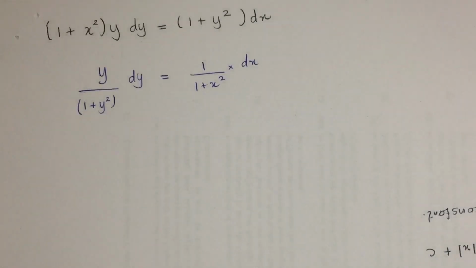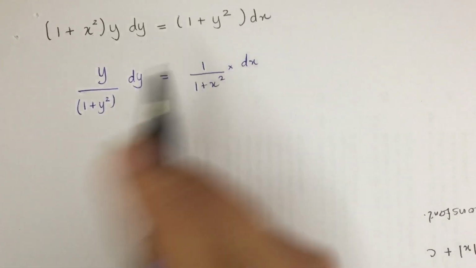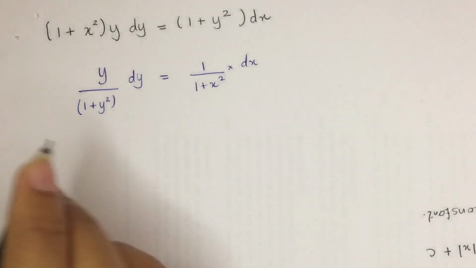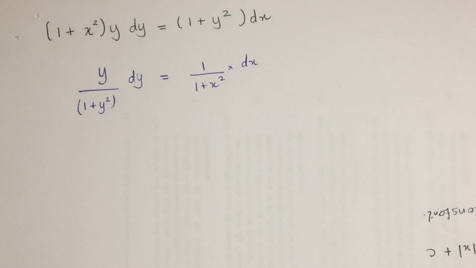You don't need to show that x² is not equal to minus 1 and y² is not equal to minus 1, because for real numbers they are always positive or 0. So that's not a problem here. We are now done with the first step. We have brought y into one side and x into the other side.